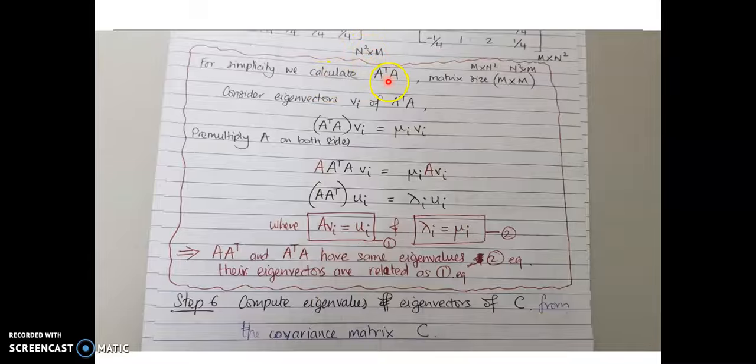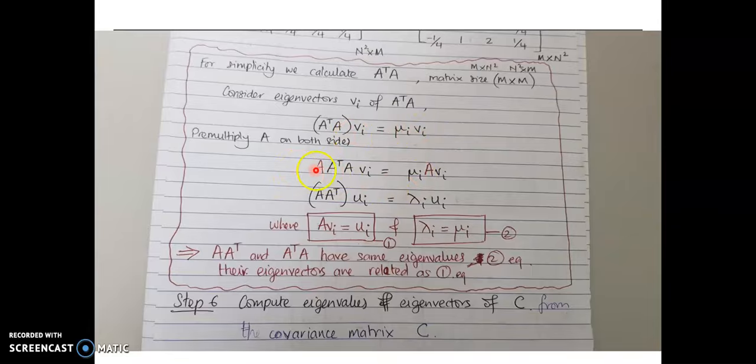So we can calculate A transpose times A instead of A times A transpose. We consider the eigenvectors of A transpose times A. So we have the equation written for eigenvectors in terms of eigenvalues times the eigenvectors Vi.